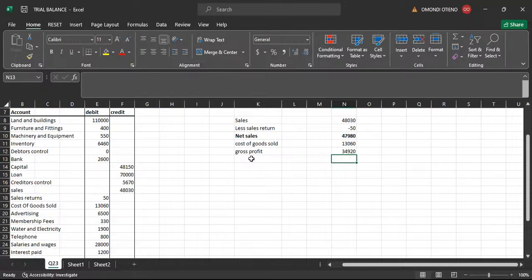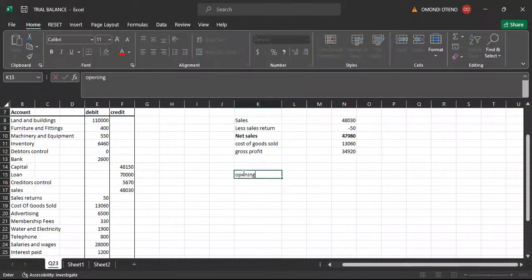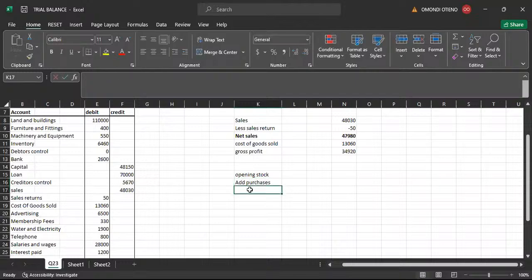Yes, Ododa, that is a good question. So yesterday, we normally get our net sales. How do we get gross profit? It is the sales minus the cost of goods that we've sold. Those costs are directly related to the goods. So, for example, we are going to have opening stock, then we add purchases, when you take just a simple one here.